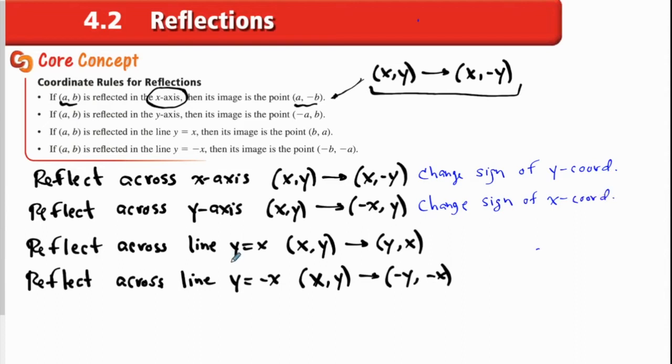If we're reflecting across the line y equals x, switch the x and y coordinates. And if we're reflecting across the line y equals negative x, we will switch the x and y coordinates and change both signs.